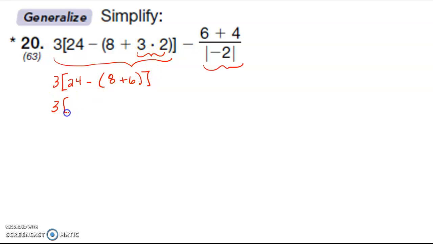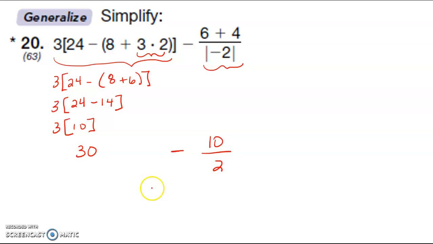Then 8 plus 6 is 14. 3 times 24 minus 14 is 10. So I have 30 for this first number. Over here, minus 6 plus 4 is 10, and then the absolute value of negative 2 is 2. So I have 30 minus 5 when I divide, and I get 25.